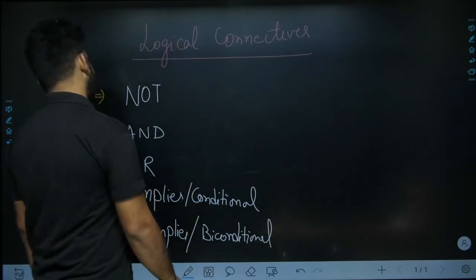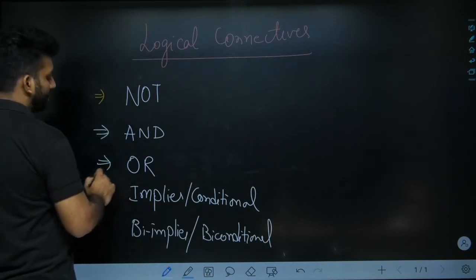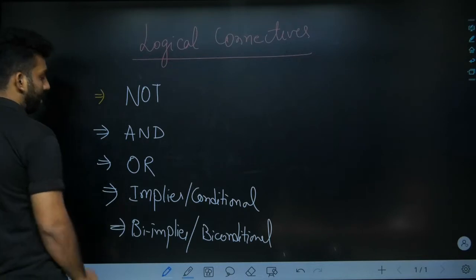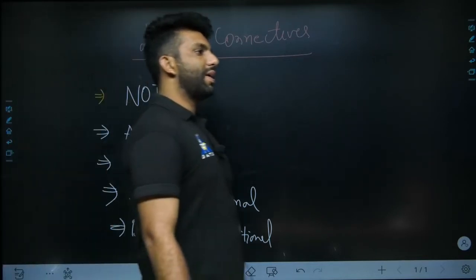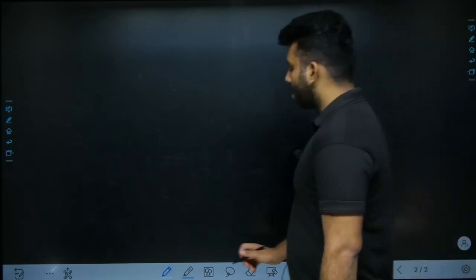Let's see each one of these one by one. Let's talk about the not one. What exactly is the not logical connective, or simply the not logical operator?